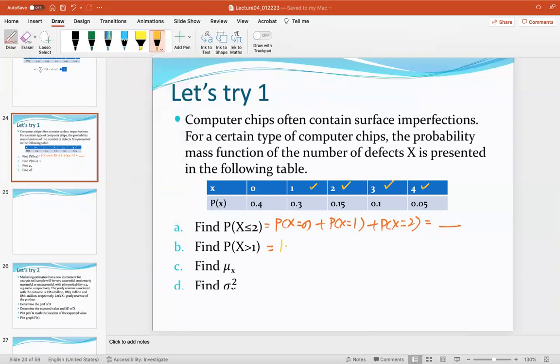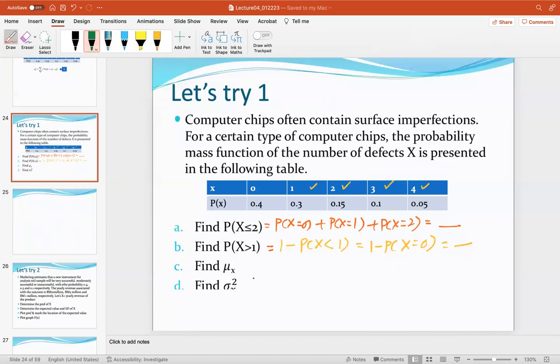Or I can write it as 1 minus P(X smaller or equal to 1). So which one is X smaller or equal to 1? So 1 minus P(X equals 0), and here you go, you get your answer. Okay? It's up to you which way you're comfortable with.